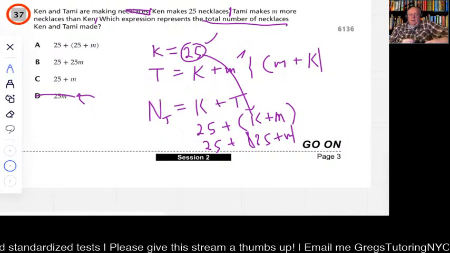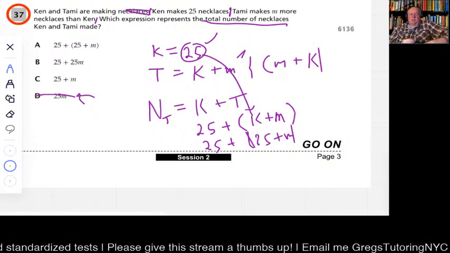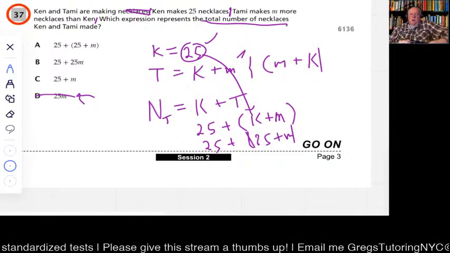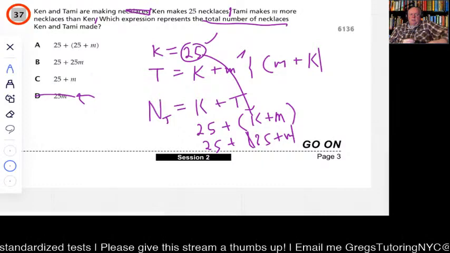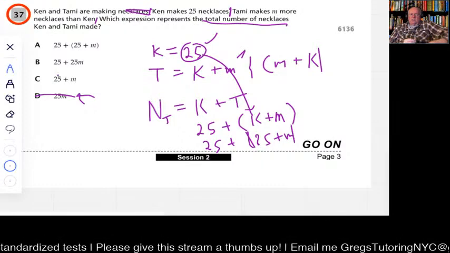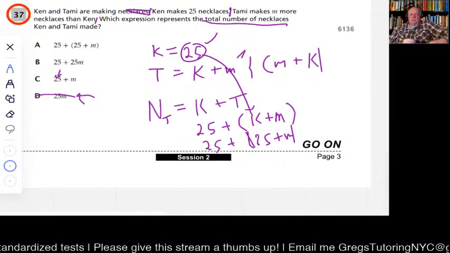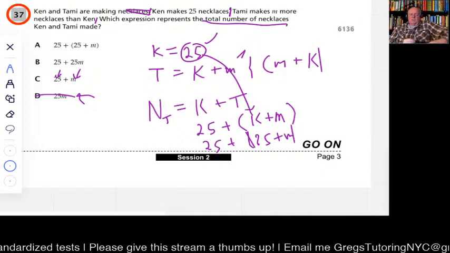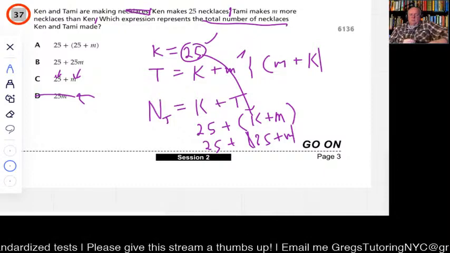Okay, C says 25 plus M. So Tammy makes M more than Ken. Well, that's Ken's. The 25 is Ken's, and then she makes M more than Ken. But what about the 25 that Ken already made? So this should really be plus 25.